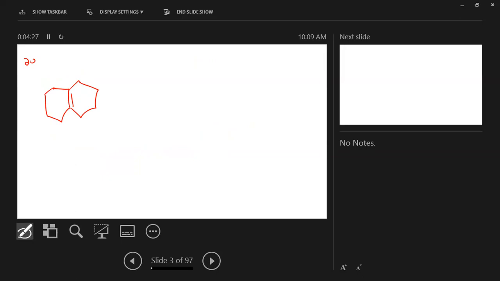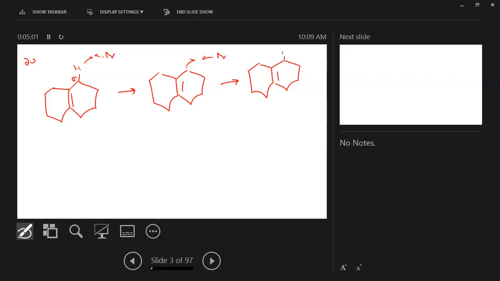So what that is going to do is generate a bromine, and then what's going to happen is we have that. One of the products then is going to be just with another bromine. The second product, what you're going to do is you're going to have this.